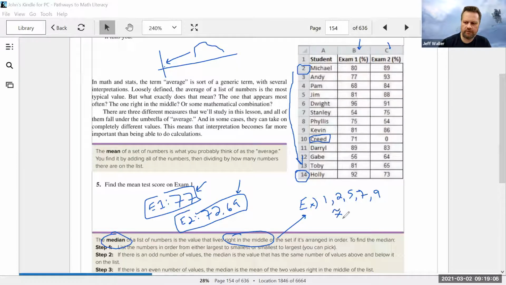Here's the symbol for median, the x with the little weird hat on it. You don't have to use that symbol, but I just want to show you. It would be 5. And think about it, in any odd group of numbers, there's always going to be a middle. So this would be the middle in a set of 5 numbers.